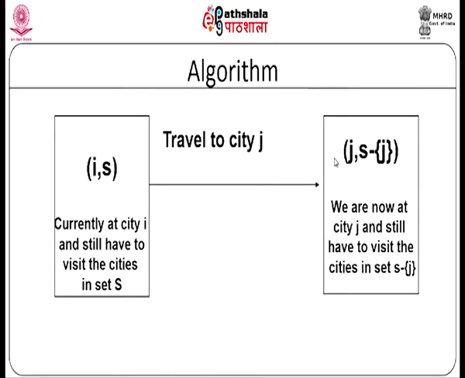I will explore all the possibilities from city j, and still we have to visit all the cities of the set S minus j, and we have to get back to the home city. This is what is needed for finding the solution of the traveling salesperson problem.